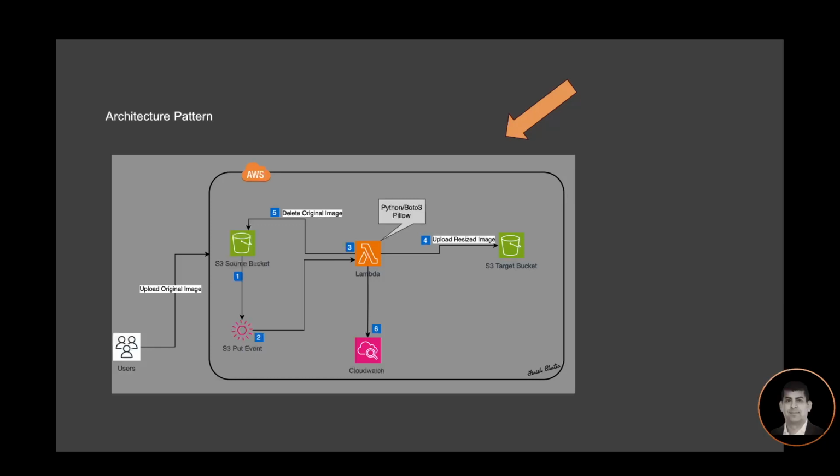This event will invoke a Lambda function, which uses Python, Boto3 and the Pillow library to get the original image from the source bucket, create another image of reduced size, and upload this reduced size image to the target bucket. Once it's uploaded to the target bucket, the original image from the source bucket will be deleted and the CloudWatch log will be updated.